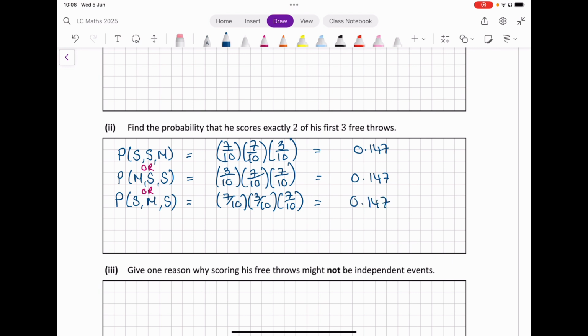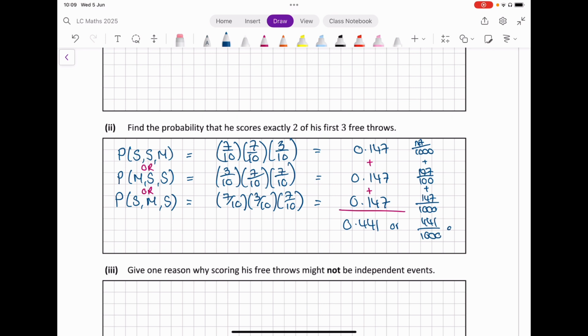Okay, so we have "or" over here, and we remember that in probability, "or" means add. And we just add them all together, and we get 0.441. Or if you were doing it in fractions, that's 147 over 1,000, 147 over 1,000, and 147 over 1,000 added together gives you 441 over 1,000.